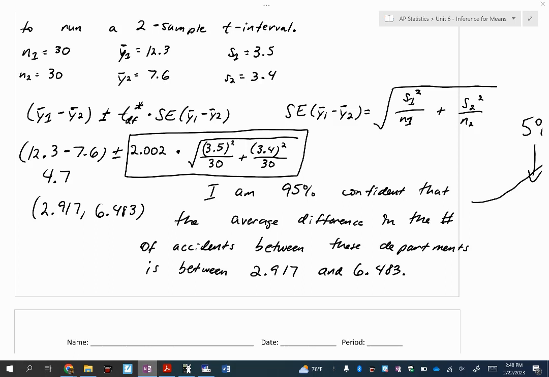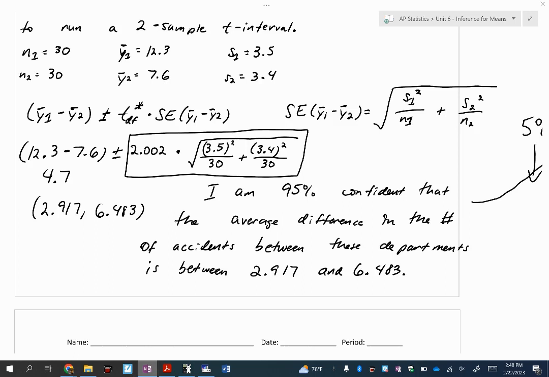Enzo's got it. Can you say that out loud for us, Enzo? 0. Right? If 0 is not in this interval, that means we cannot even begin to think that they are the same. If I did see 0 in this, then there's a chance that the average number of accidents in these departments is the same.